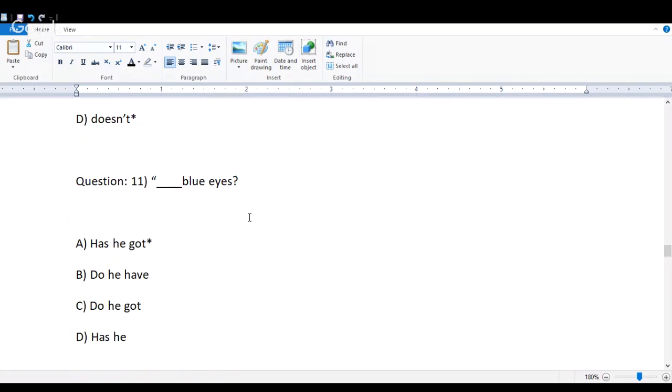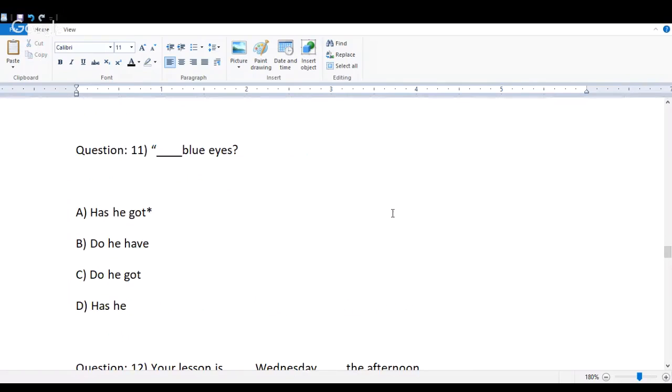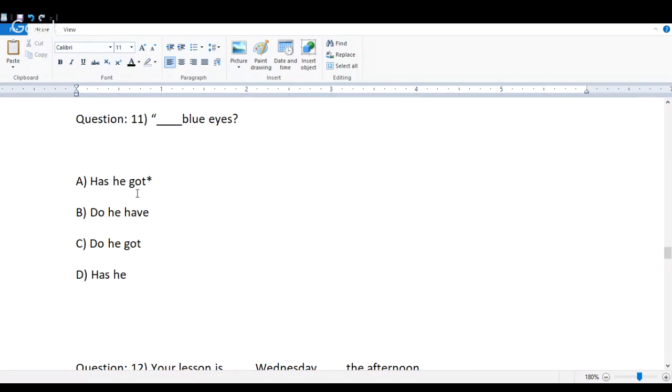Going very well. What about number 11? Let's just make some room here. So has he got? Why are we using has he got? Because Thomas is speaking British English. That is a perfect answer. What would Americans say, Ken? Does he? Does he get? Yes. Does he have or get have? So if I say does he have, that would be correct.